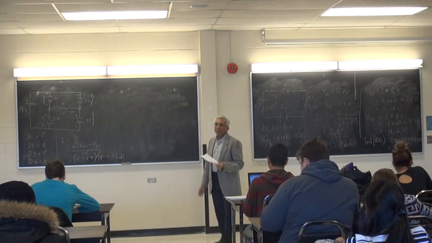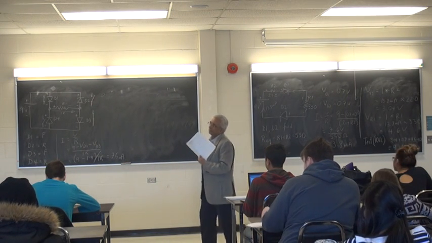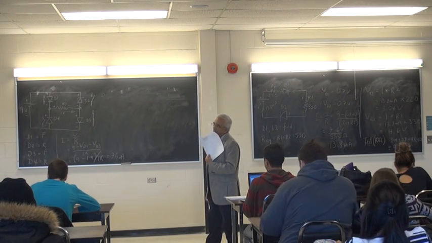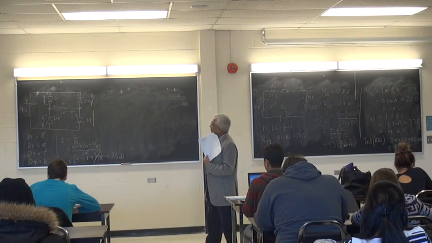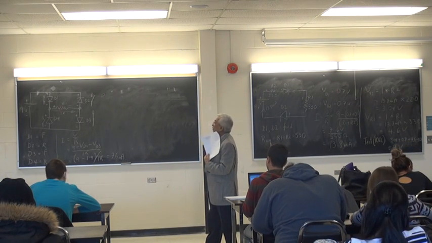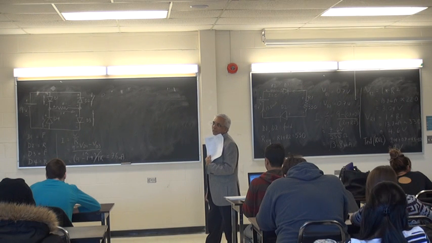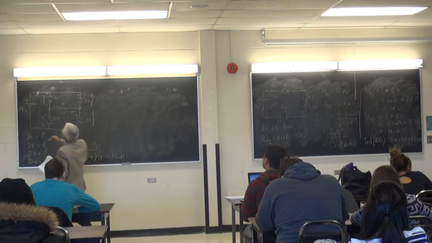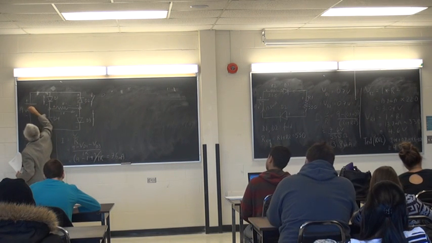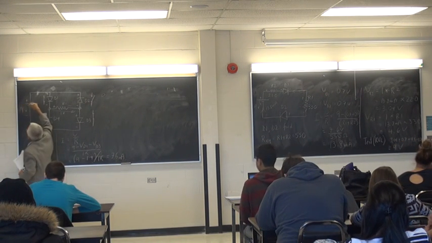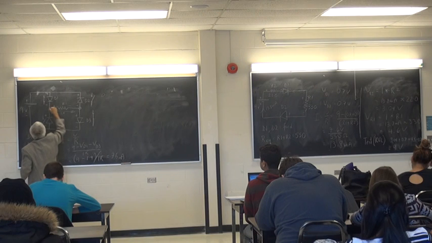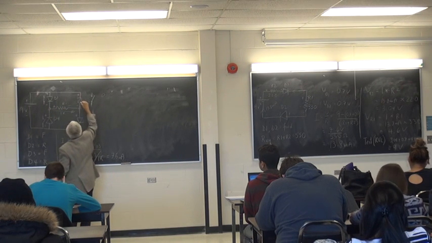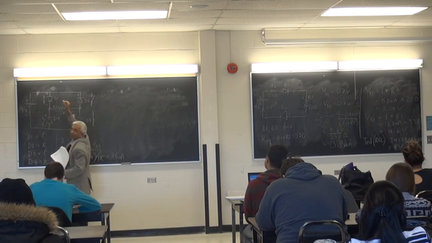The current goes from the supply up to D2 and down. D2 is reverse biased, so it's an open switch. So it cannot flow. Current will go from the positive side, it has to come back to the negative side. So if you do this, it cannot flow this way, it's an open switch.